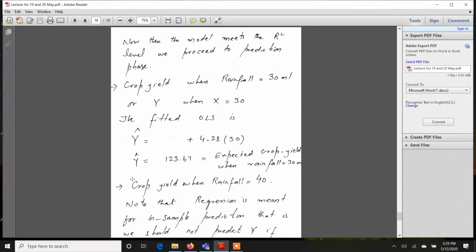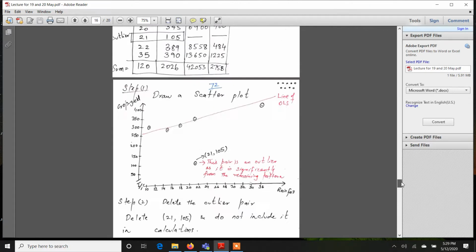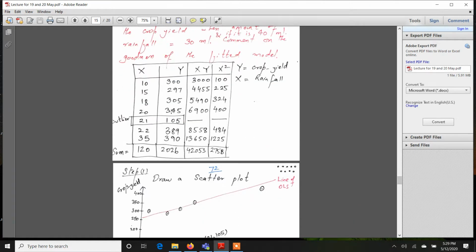Now, the next part is the crop yield when rainfall is 40. Now you have to keep one thing in mind. Go back to this data. What is the minimum value of x? 10. What is the maximum value of x? 35. So you can only do predictions if the given value is within this range.